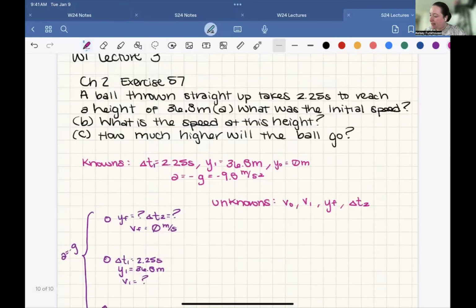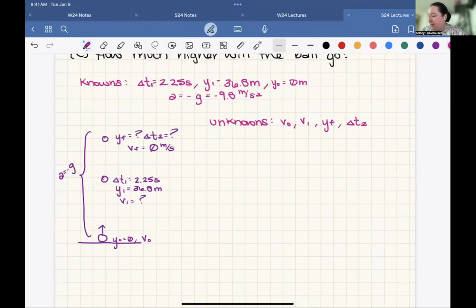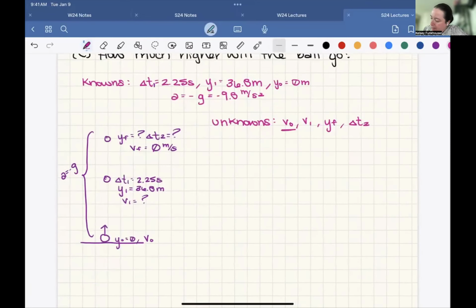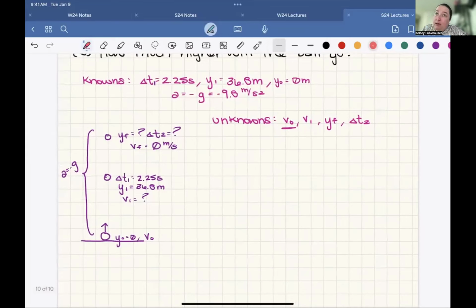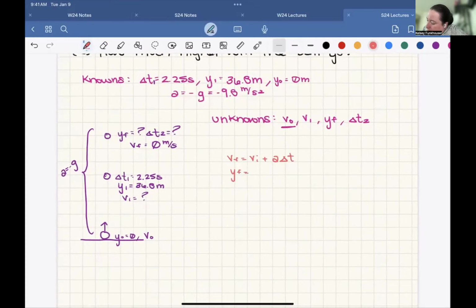For part A, it asks, what was the initial speed? So that's where we're going to start. Let's look at our equations. V final equals V initial plus A delta T. We're going to go Y, not X, because we're in the Y direction: Y final equals Y initial plus V initial delta T plus 1/2 A delta T squared.